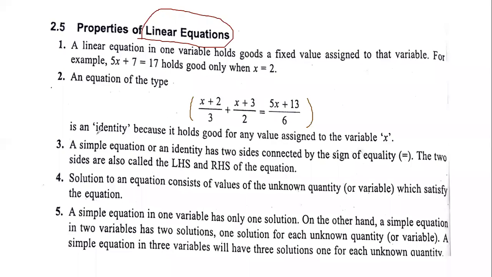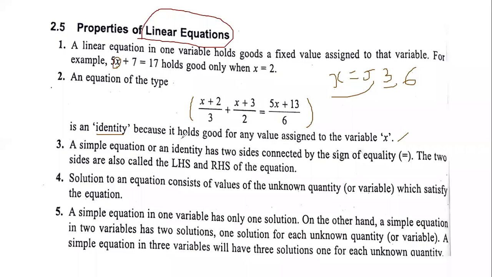It is an identity because it holds good for any value assigned to the variable x. What they are trying to say is, in such an equation you will have to solve for x, but x can have options. It is not like the earlier equation where x should be 2 only. You can use 5, you can use 3, you can use 6. There are certain limitations of values, but you have options.